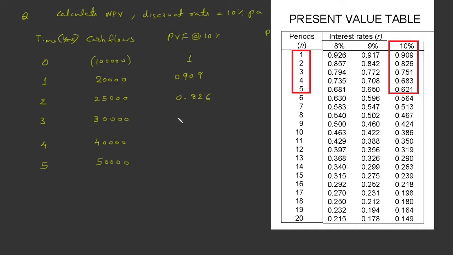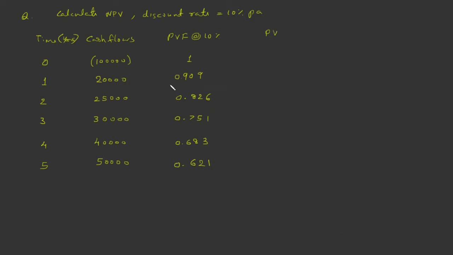At time t is equal to 3, it is 0.751. At time t is equal to 4, it is 0.683. And at time t is equal to 5, it is 0.621. Multiplying this with the cash flows, we will get the present value.